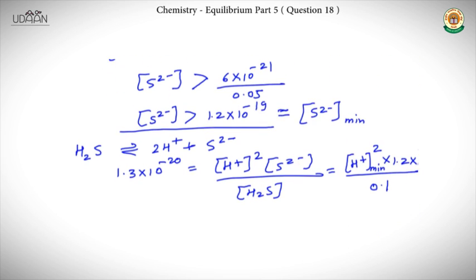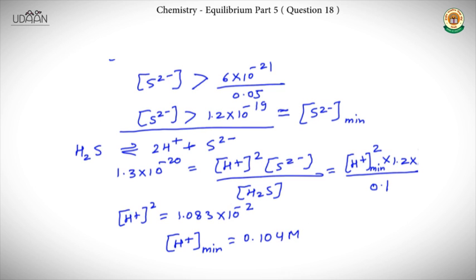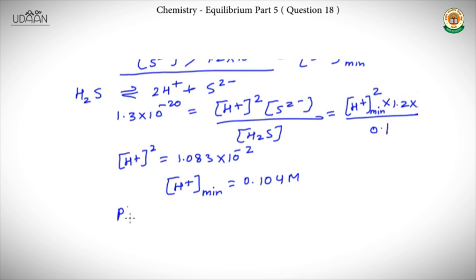So from here I will obtain H plus square as 1.083 into 10 raised to the power minus 2, and concentration of H plus, this is the minimum concentration because I'm working with the minimum S2 minus concentration. And pH is nothing but minus logarithm of H plus ion concentration.